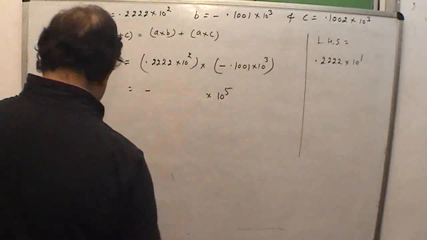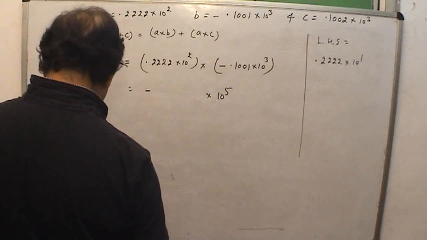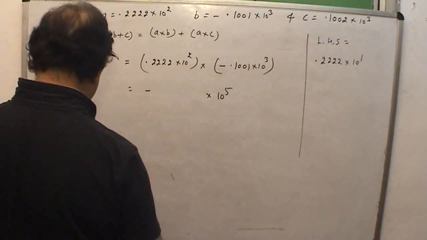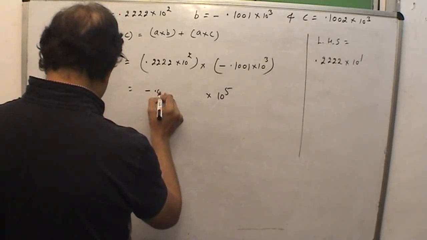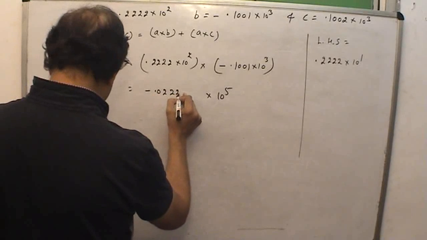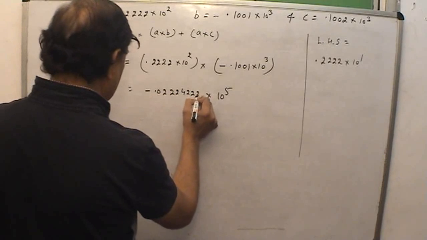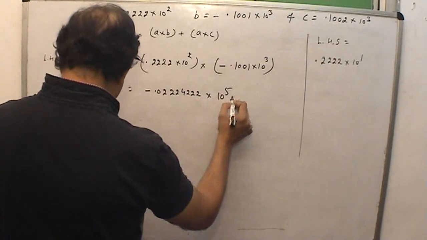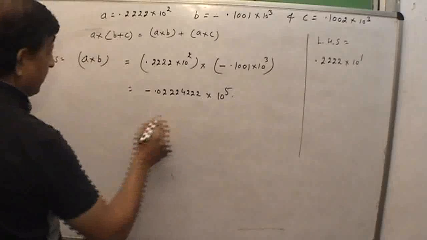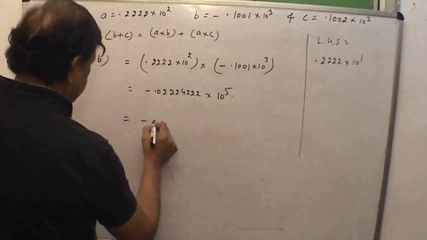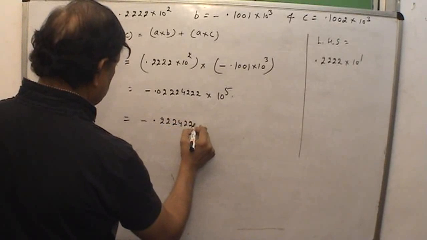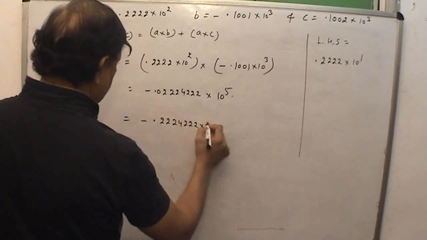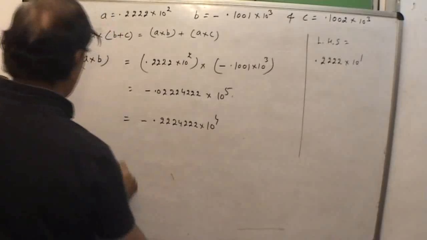And if we multiply these both figures, that will give minus 0.022222, and we can write it in this form minus 0.222422 into 10 raised to the power 4.